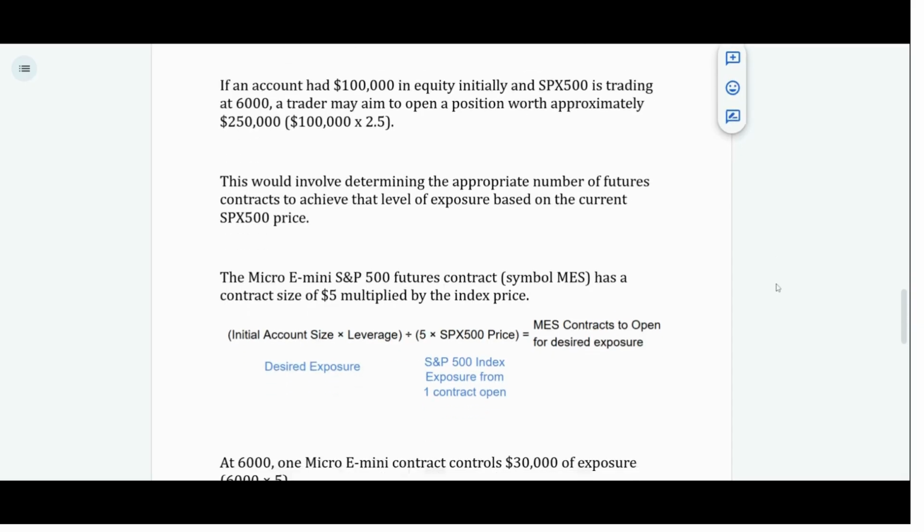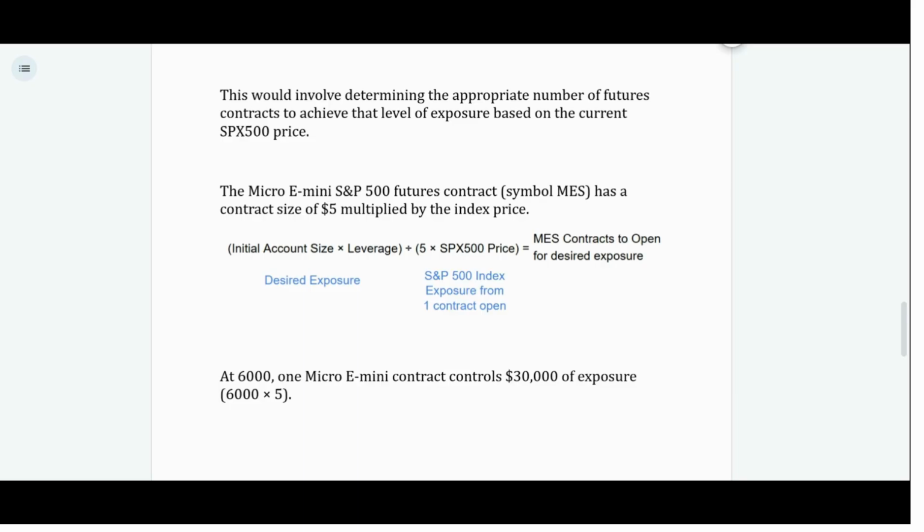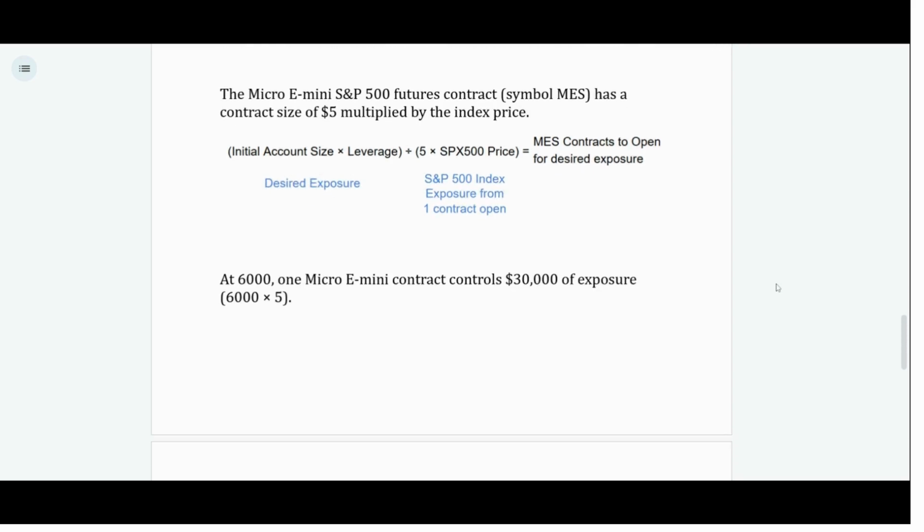The Micro E-mini S&P 500 futures contract, symbol MES, has a contract size of $5 multiplied by the index price. At 6,000, one Micro E-mini contract controls $30,000 of exposure, 6,000 times 5.